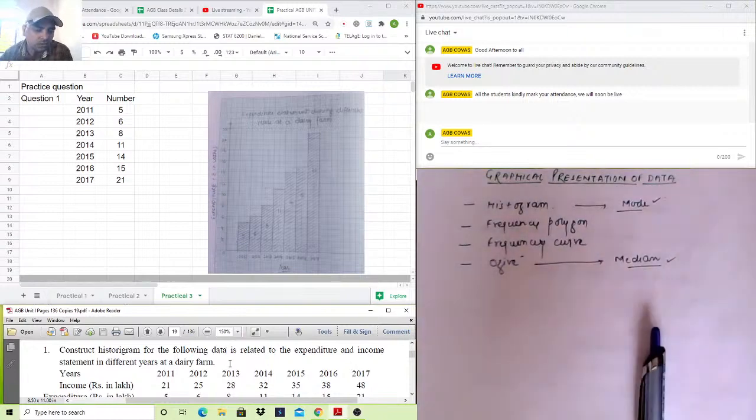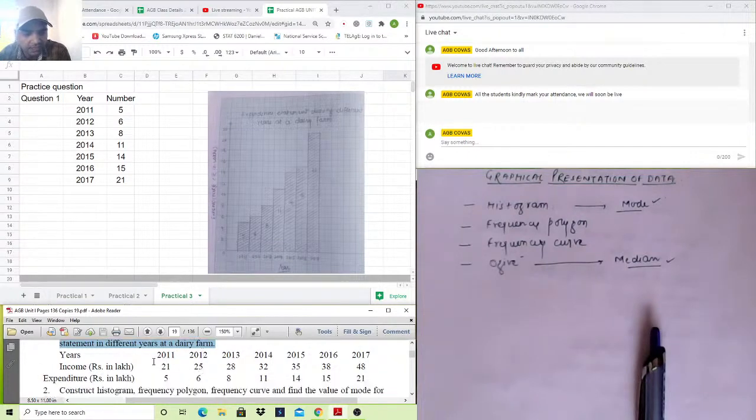So this much we are going to do today. In question number one, it has been given to construct a histogram. I already told you that when on one side there is time duration, and on the other side there are numbers or frequencies or values, then it is called a histogram. Construct a histogram for the following data related to the expenditure and income statement in different years.